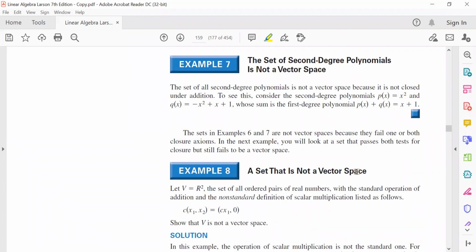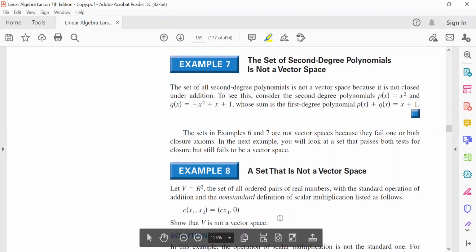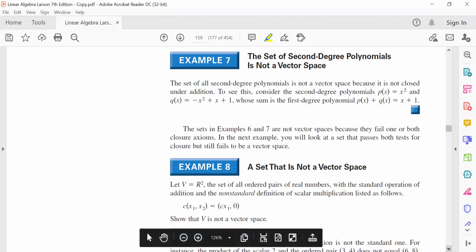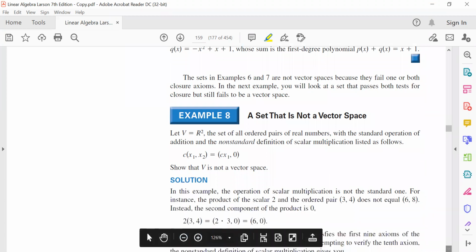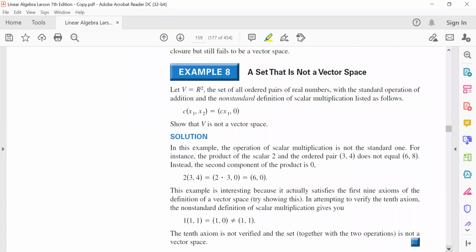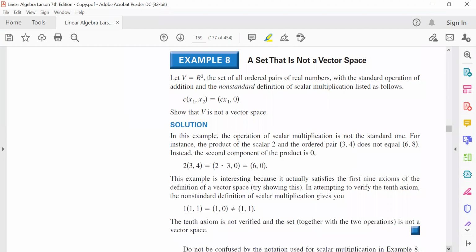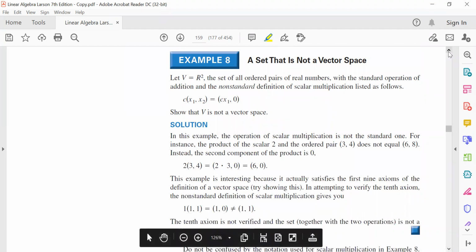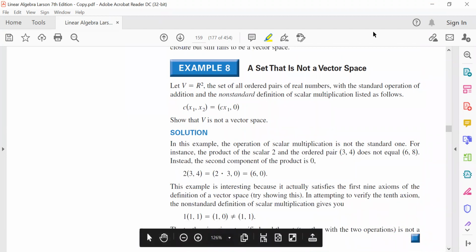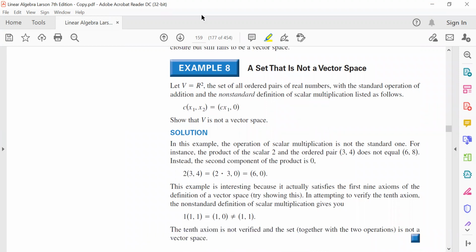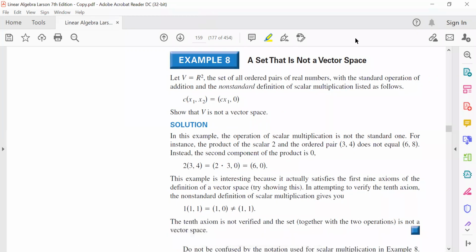Number 8, example 8, another set which is not a vector space. Now, this is super duper important. The previous examples failed because they weren't closed. This one is closed, but I want to make a bunch of points here.